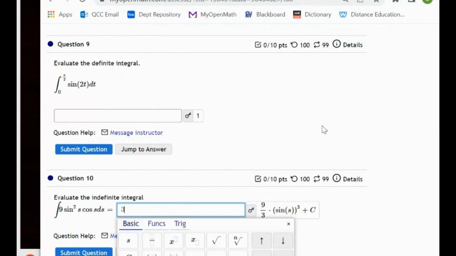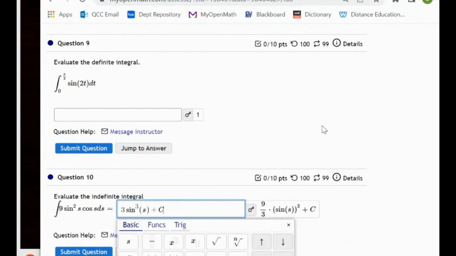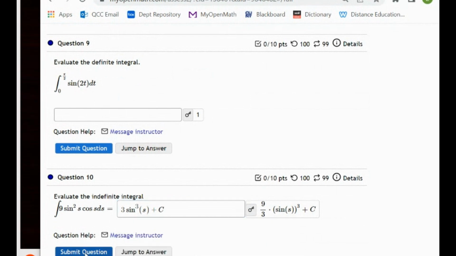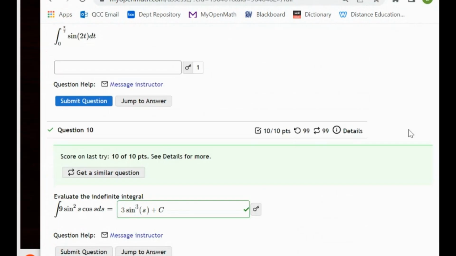So it simplifies to 3 sine s cubed plus c. So let's submit it. Okay, so in fact, you can type it this way, or you can say sine of s and cube it.